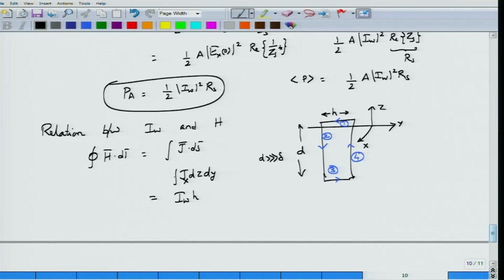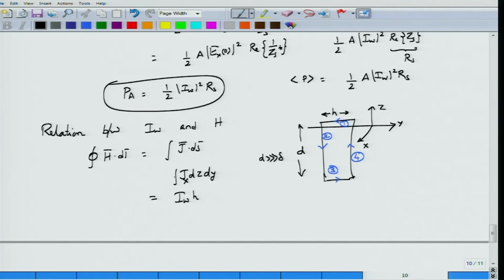What happens to the left hand side? For the plane wave that we have considered, H will only have a y component, and therefore segments 2 and 4 will not contribute anything, because in these segments H is along y but the line element is along z. There is no contribution of H in segment 3 also. Why?